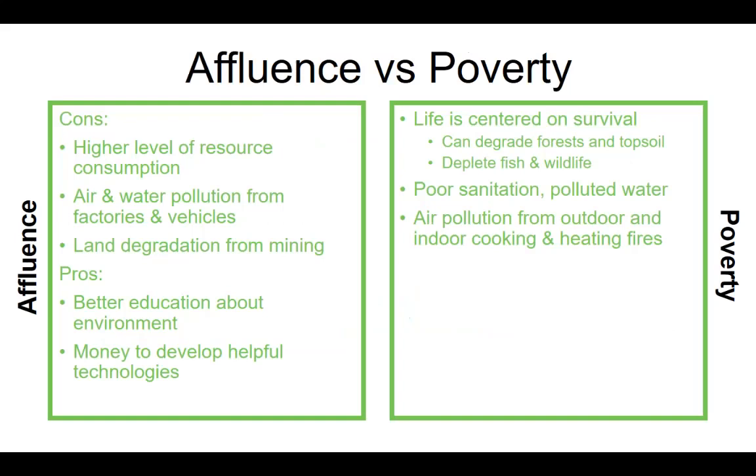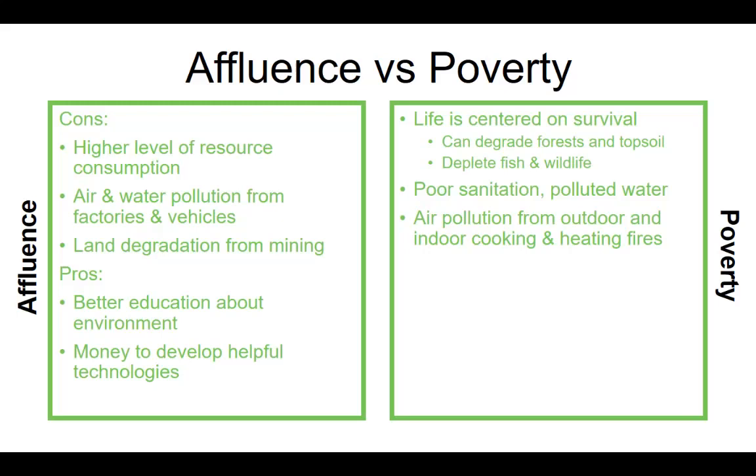Affluence has more available resources and money, has higher levels of resource consumption. We use a lot more. Because we use more, we pollute a lot more, both air and water pollution from our factories and our vehicles. To get all the materials we need to build all the things that we have, we degrade the land from mining. I think about batteries in particular for our cell phones. That's a huge one. Right?